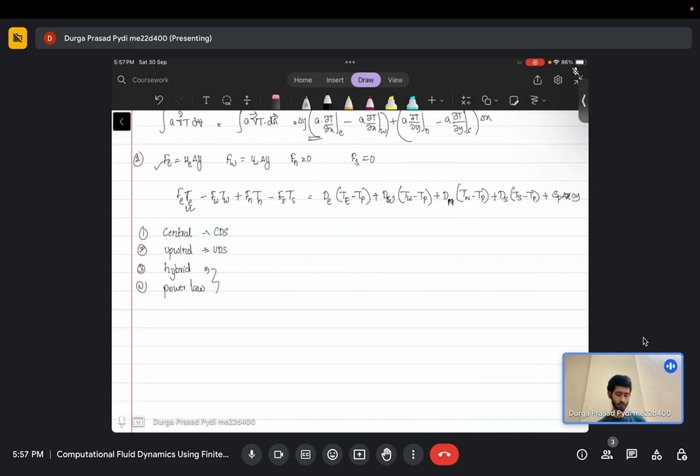It should be apparent here in CDS what we were trying to do. So we will write the coefficients for each of these. First for CDS, your A east will be written as D east, and then you will have a term from here, minus F east by 2.